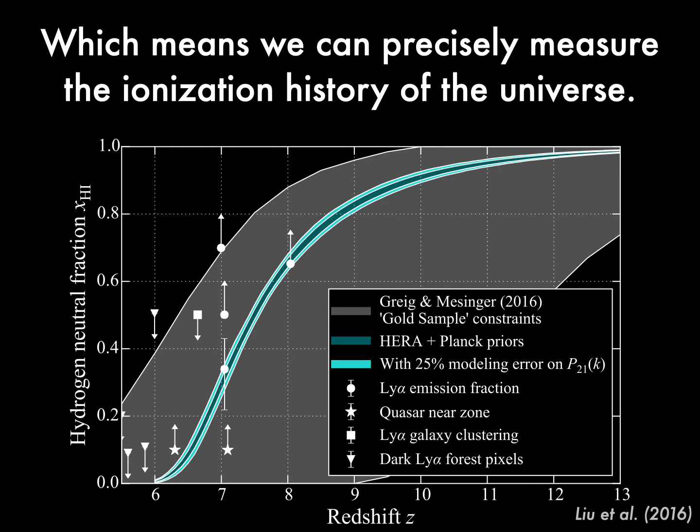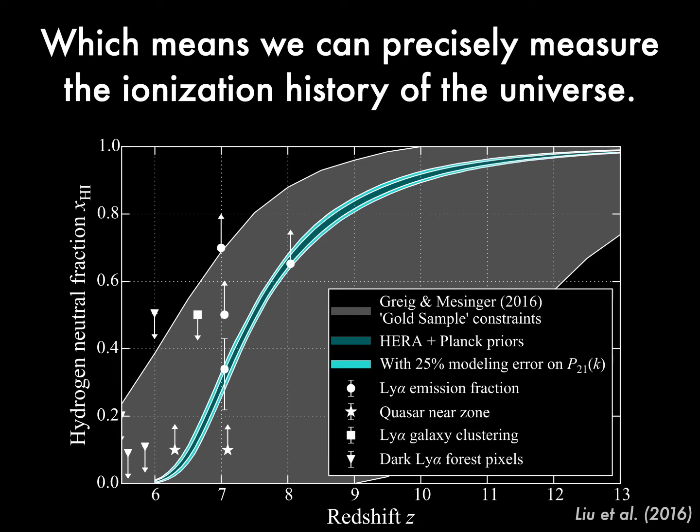We have that integral constraint on tau, and then we have a number of somewhat model-dependent constraints from galaxy work and from quasar spectroscopy. But there's still a pretty large range of possible reionization scenarios that are not quite ruled out yet. And here we're showing the kinds of error bars HERA might expect, assuming this was the particular reionization history of the universe, which of course we don't know, but this is where HERA might be able to get us.